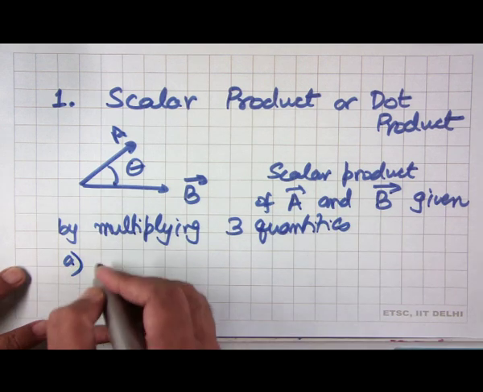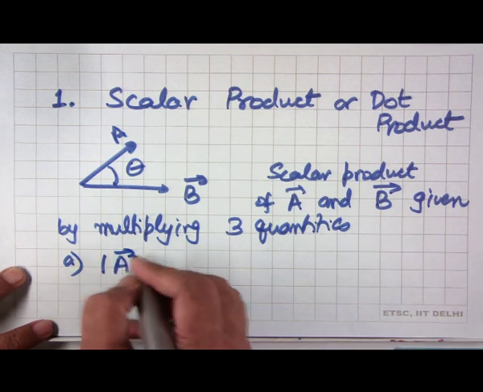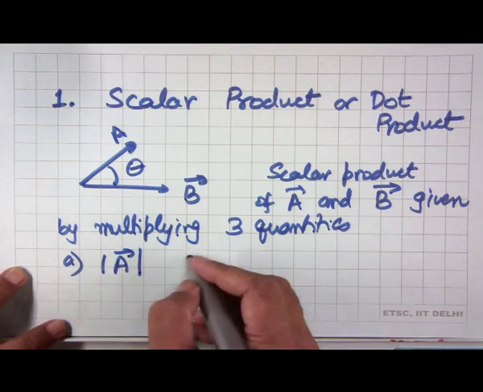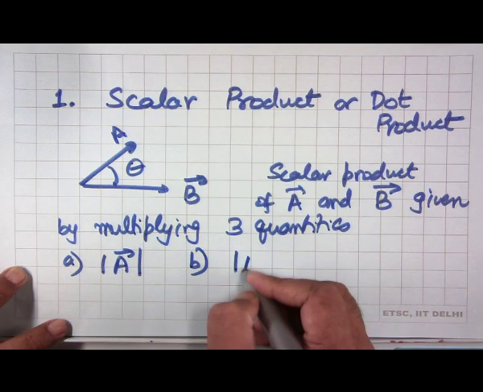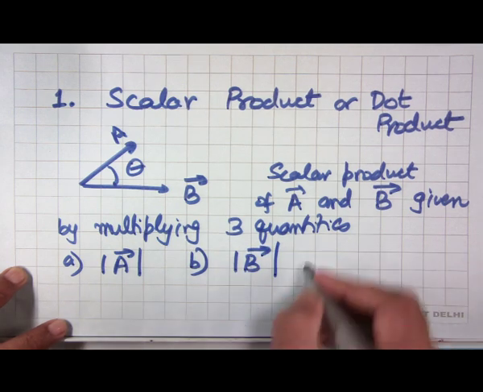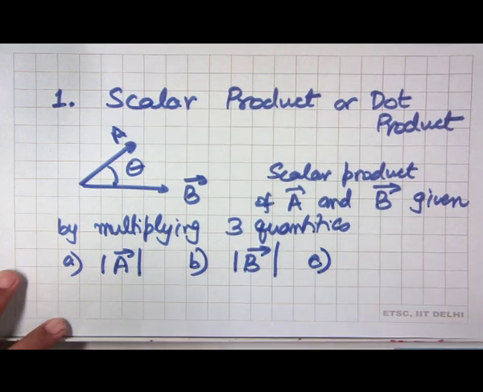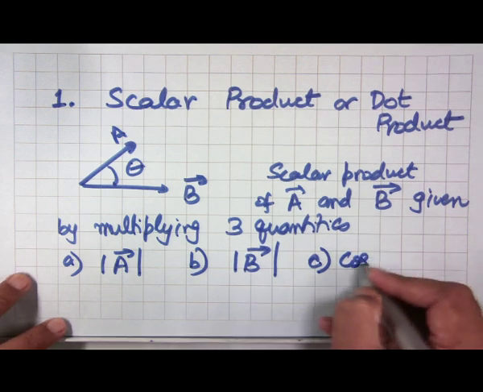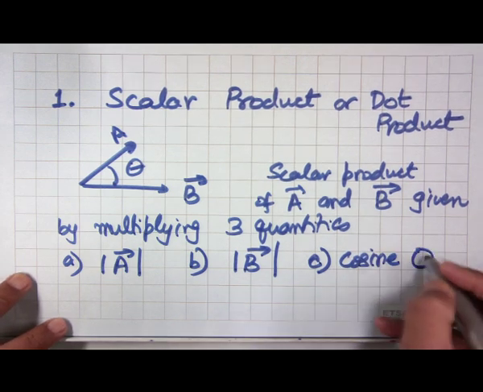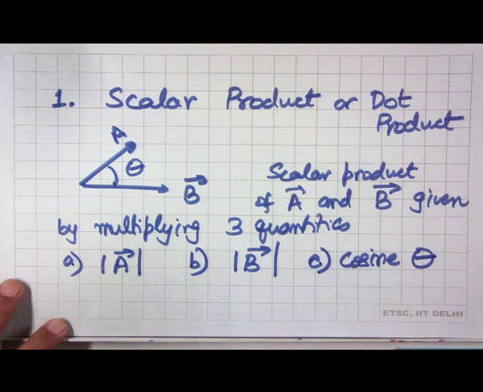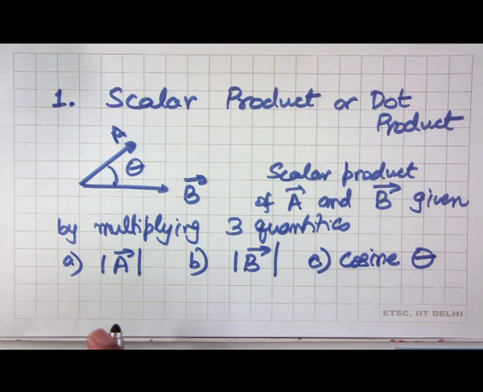The first one is the magnitude of vector A, the second one is the magnitude of vector B, and the third one is the cosine of the angle between A and B, that is cosine of theta.